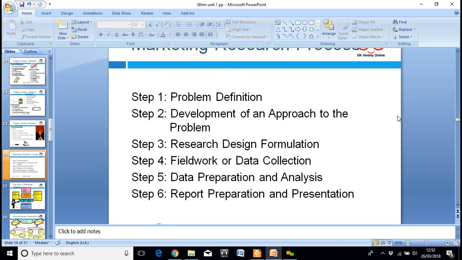Yeah, 6 stages: problem definition, developing your approach. You develop your approach by reading different materials that's been done in the same area previously. So you look at the work that's been done previously and look at where you can improve on that. And that's why the research design, or the formulating how you're going to gather your data, is important.